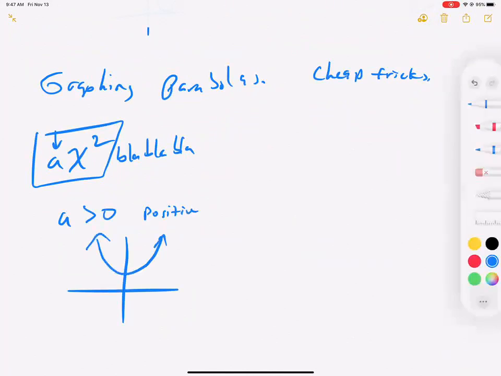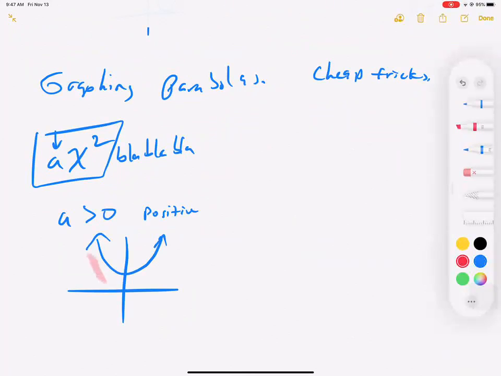It could be here, it could be here, or it could be here. It could be to the right, it could be left. I don't care. I automatically know it's going to be facing up.